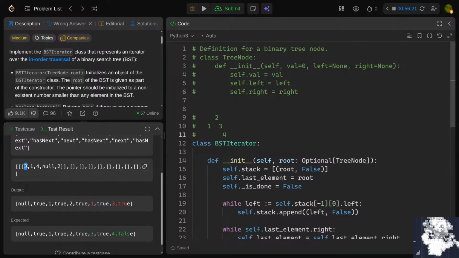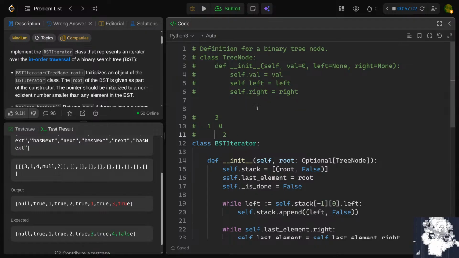But it's starting with 3 here, which would be weird if 3 is just in the middle here. So is 3 the root? And then you've got 2, if the 2 were on this side.